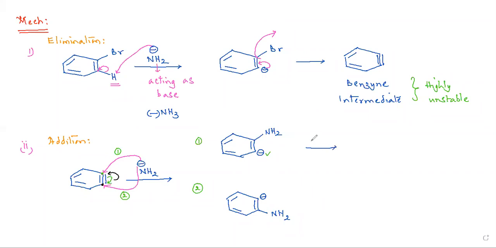Now considering the first one, take the ammonia again. A hydrogen is abstracted. H plus is abstracted, and we get the ipso substitution product.